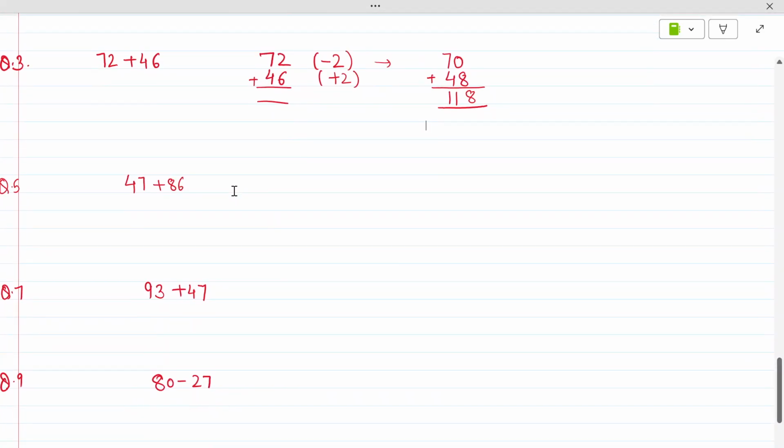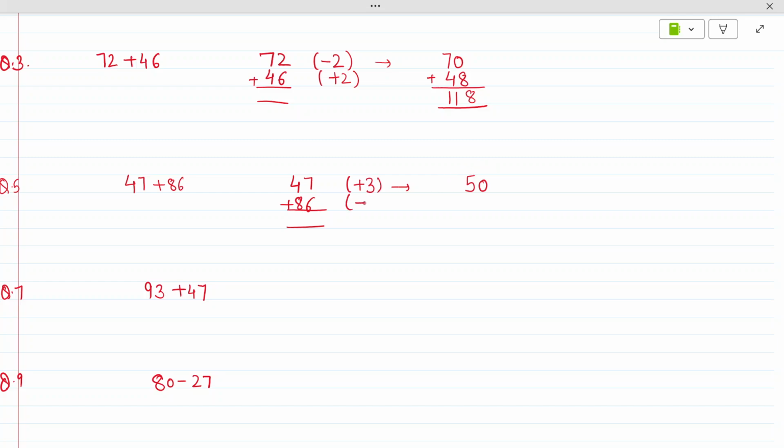Next question is 47 plus 86. 47, 86, add. Now here, which number is easier to make a multiple of 10 among these two? It is 47, this number. How? I will add 3 to 47 to make it 50, which is a multiple of 10.